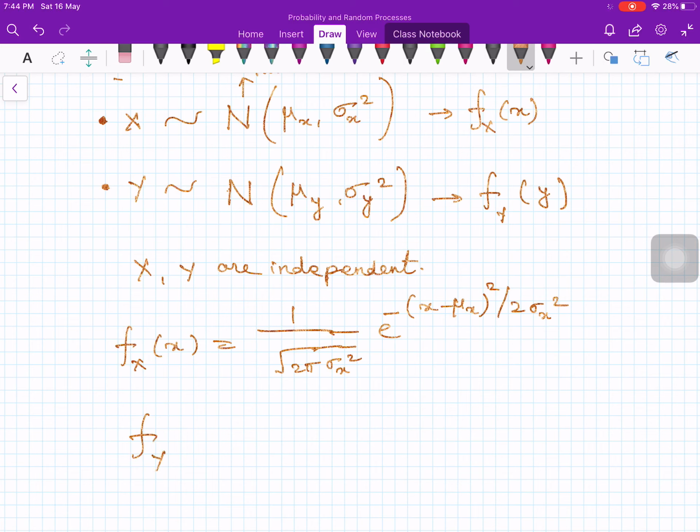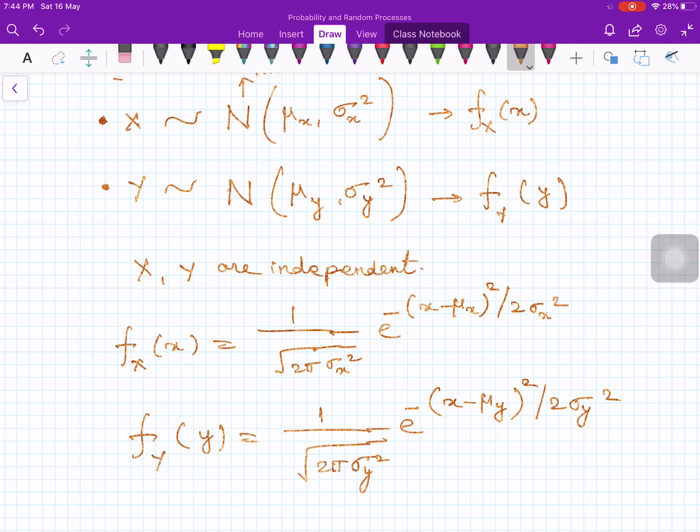And similarly fy of y is equal to 1 over the square root of 2 pi sigma y square times e to the minus (y minus mu y) the whole square over 2 sigma y square. These are the marginal density functions of x and y respectively.